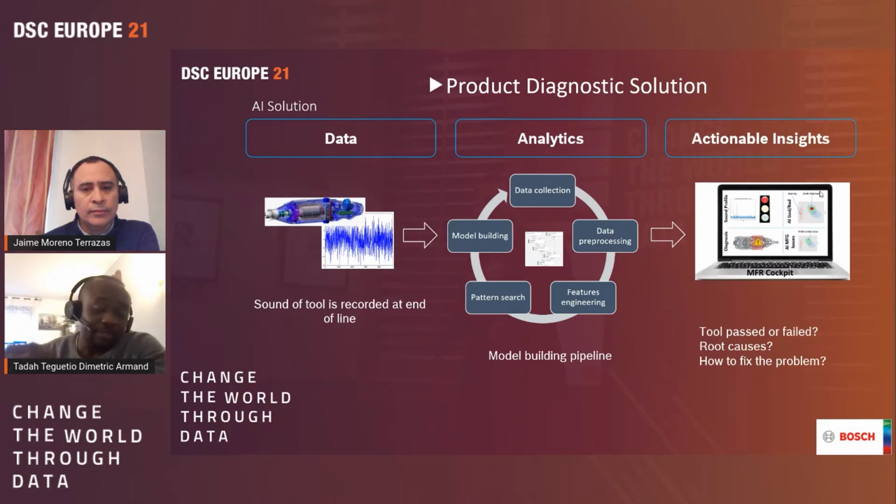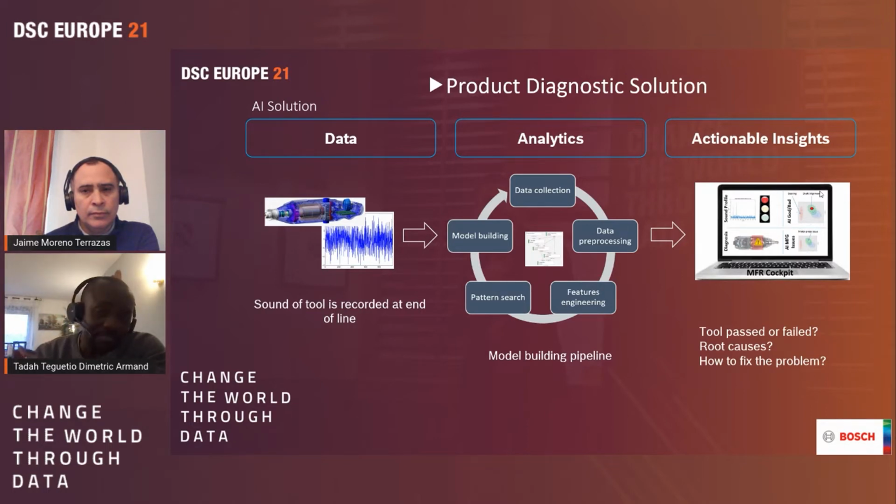And here we are using, for example, as we will see in the next slide, the auto encoder in order to build some kind of reconstruction error, and then based on that we can split the data into the 4 categories that you have. So at the end, after splitting the data, we build a model that we can deploy at the end of the production line. And at the production line, the next step is actionable insight.